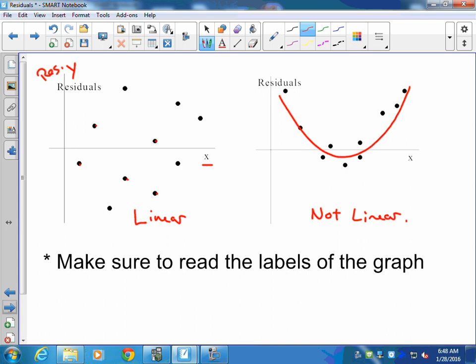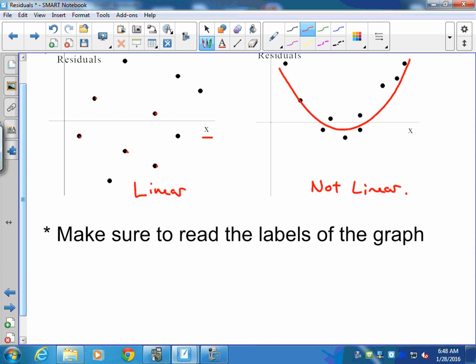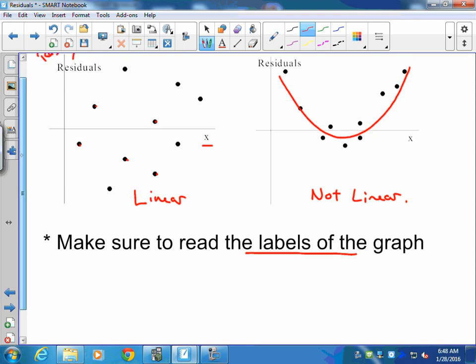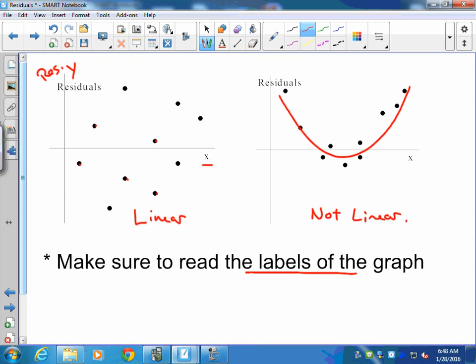One thing you want to be careful of is to read the labels of the graph. If a normal x versus y graph does not make a linear line, we can take natural logs of the values, the ln of x, the ln of y, and that can actually straighten out the data.